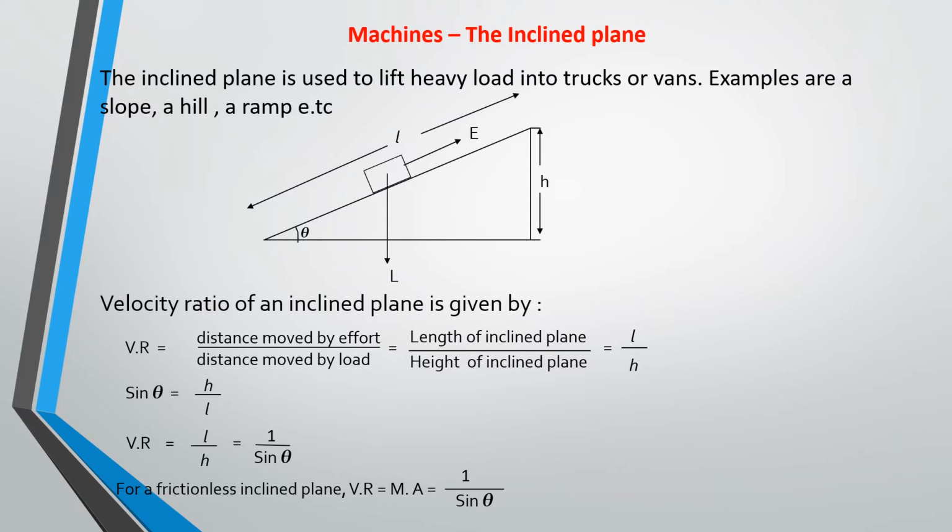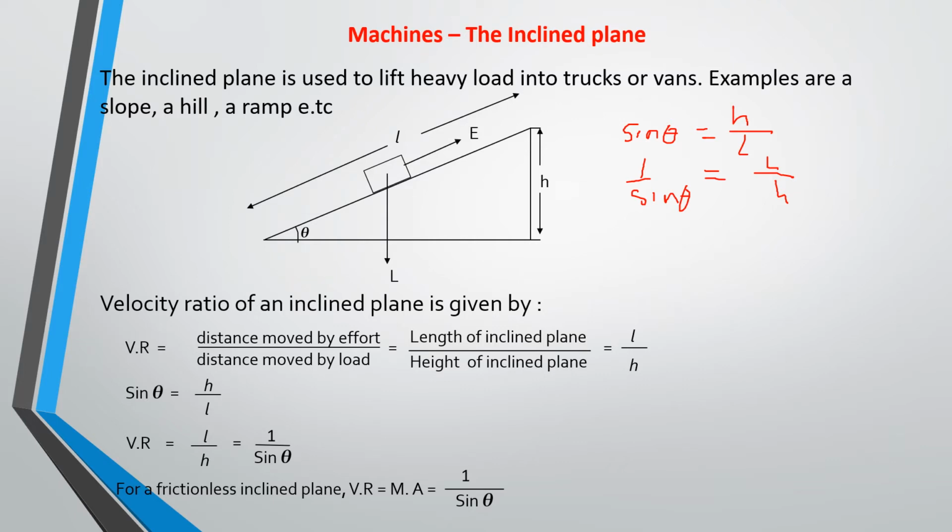But if you look at your trigonometrical ratios, you will see that sine theta is equal to h over L. So 1 over sine theta is equal to L over h.